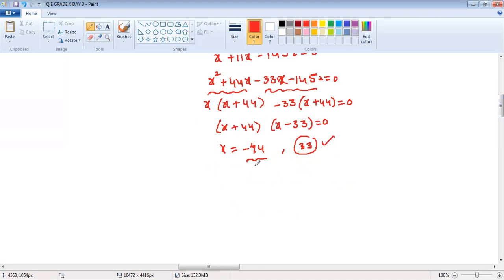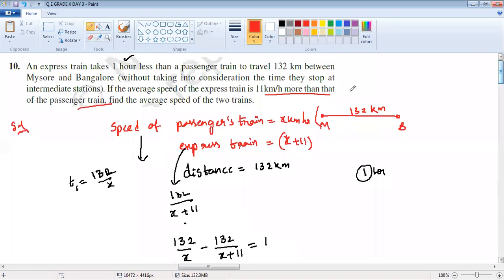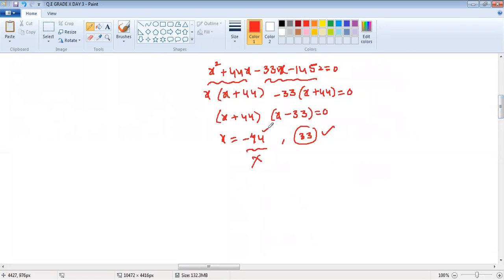33 is the right answer. Minus 44 we cannot take. Why? Because it is the average speed, and speed cannot be negative. Acceleration can be negative, but speed cannot be negative.